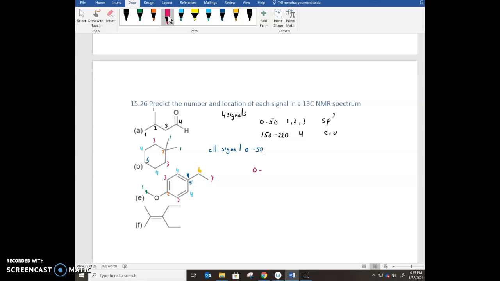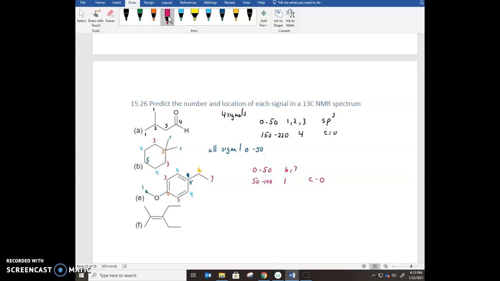Between 0 to 50, we'll have the sp3 hybridized ones, and that will be 6 and 7. Between 50 and 100, we're going to have our sp, and there's one of those, and it's number 1 because it's a carbon attached to an oxygen that deshields it, so that 1 down there.